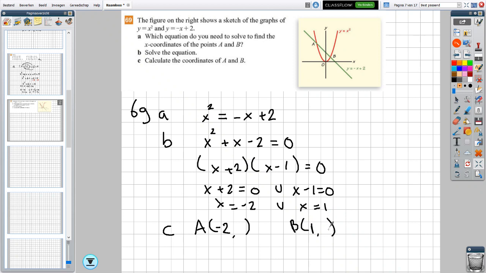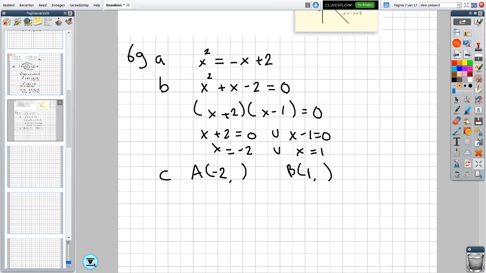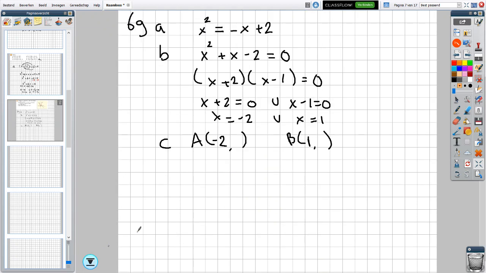But now, how do I find y? What we're going to do is fill in the x-coordinate that we found in one of the two graphs, equations, functions. So we have y = x², right? And we had y = -x + 2. It was a straight line. This is the parabola.